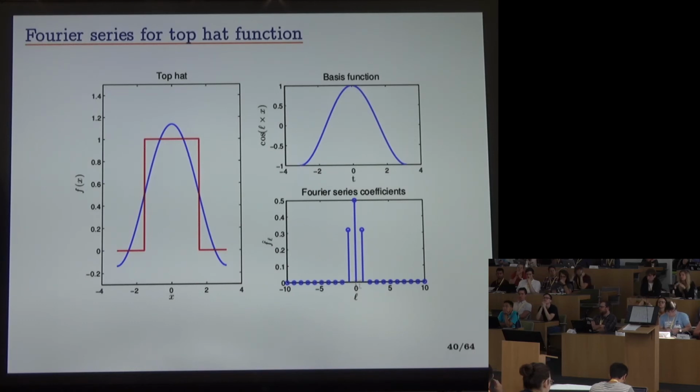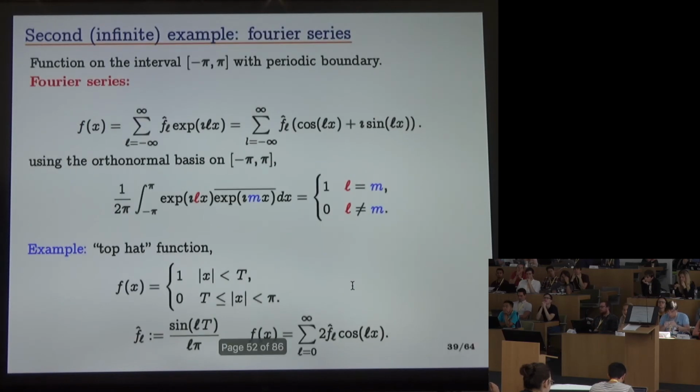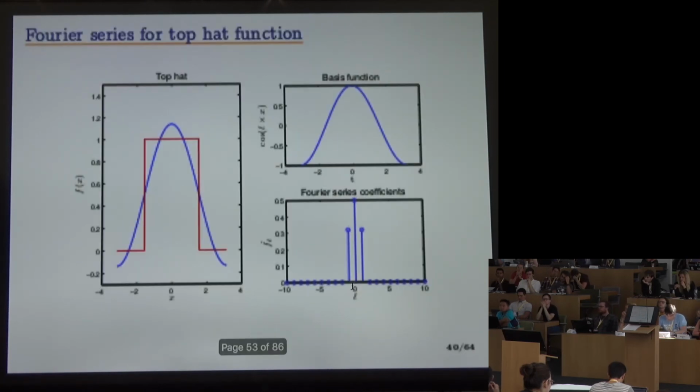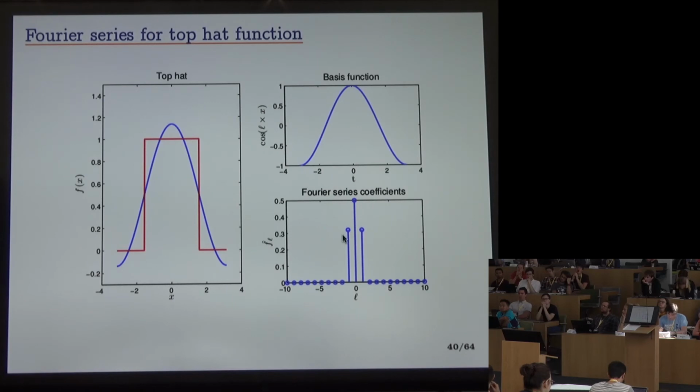On the bottom right drawing, I've got my f hat L coefficients. And remember what these coefficients were? They're sine of Lt over L pi. So I've taken this coefficient, multiplied it by this basis function, and I'm approximating my top hat with a single cosine.